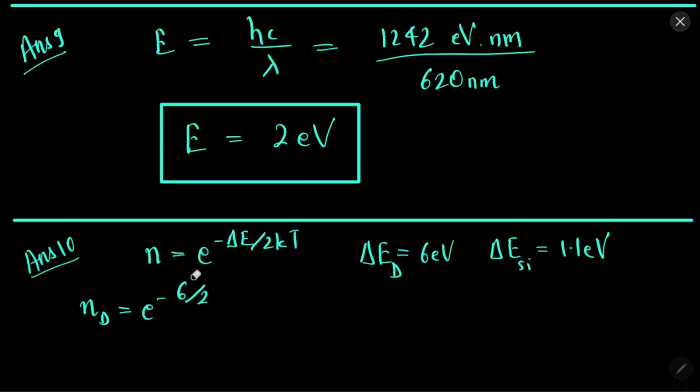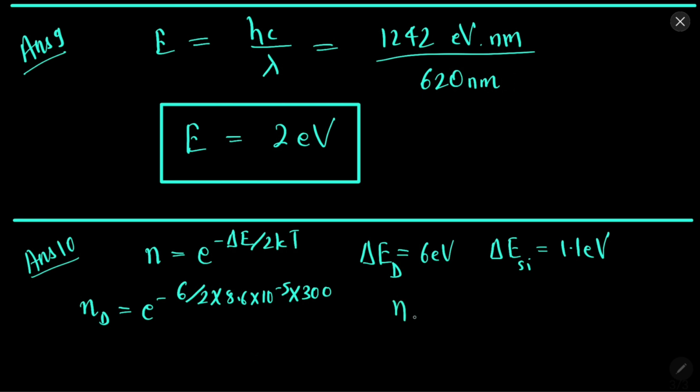So 2 into 300 into 8.6 into 10 to the power minus 5 into 300. This value is converted for eV, okay? Because of that, k's value is this here, 8.6 into 10 to the power minus 5.